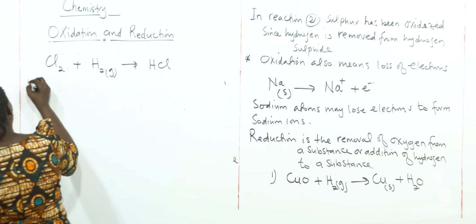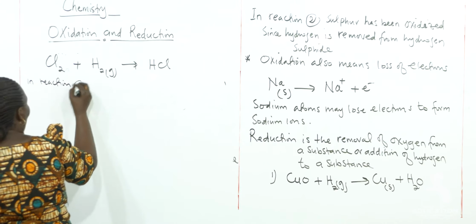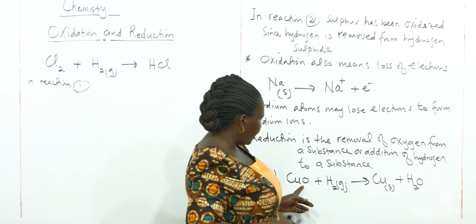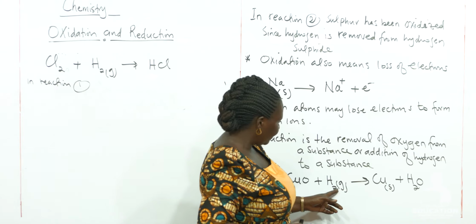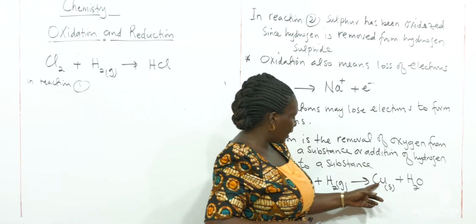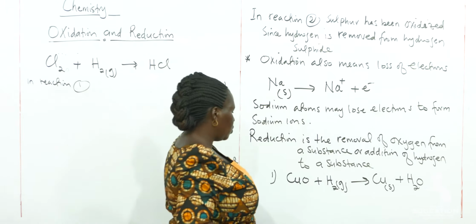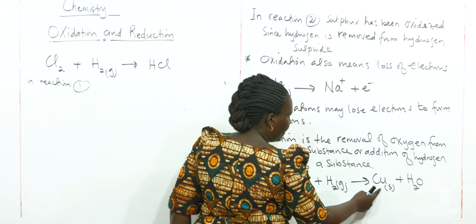So in reaction number 1, we have copper 2 oxide plus hydrogen gas gives us copper metal plus water. So copper is reduced from copper 2 oxide to copper metal.